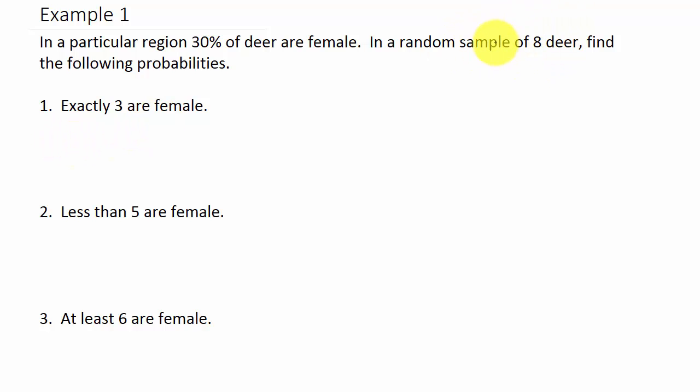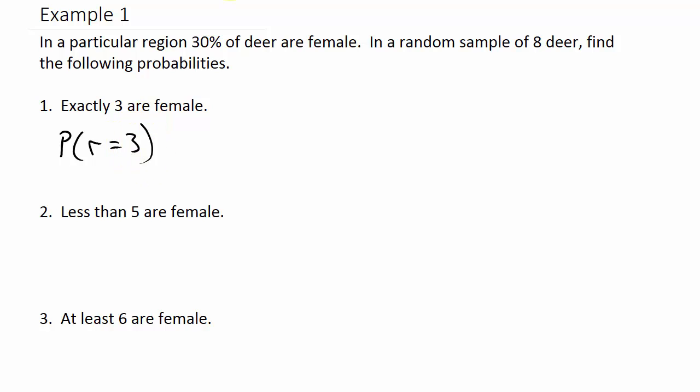So we have 8 deer. If we choose 8 of them randomly, what's the probability that 3 of them are female? So we want to know the probability that R is equal to 3.